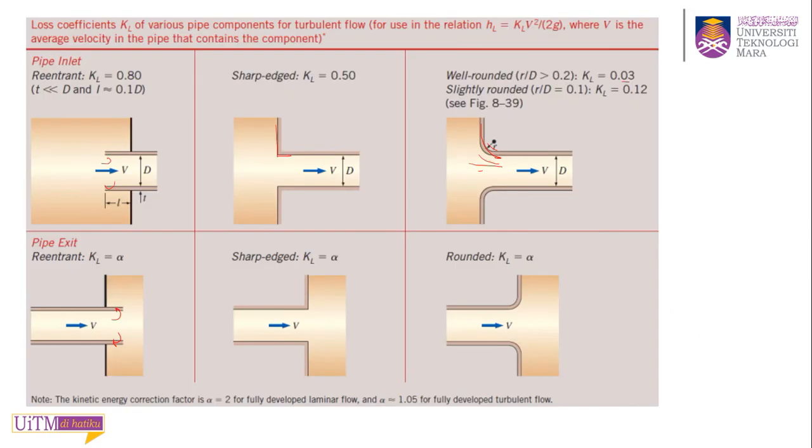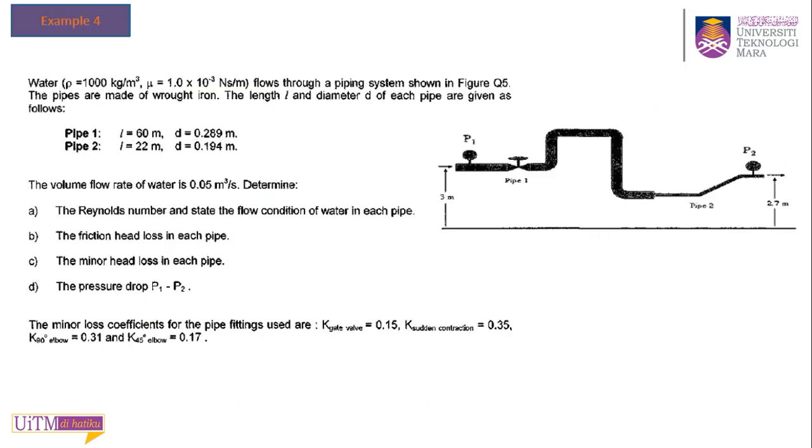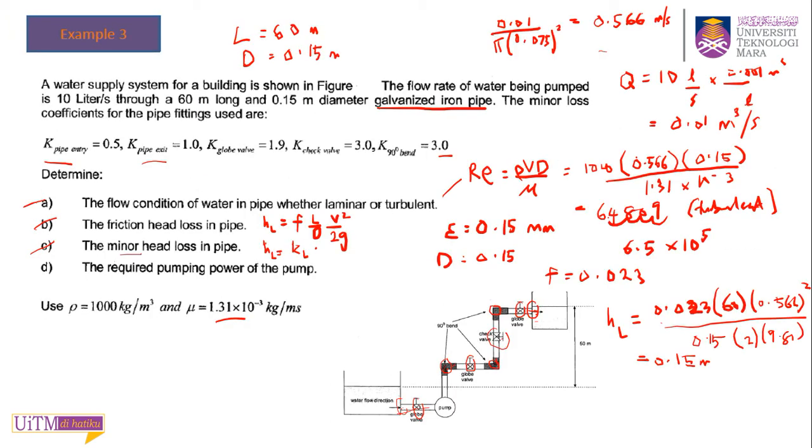Minor losses is KL times V squared over 2G. Okay, so that's your equation for minor losses. You need to add every loss that you have, because it's a summation of KL, V squared over 2G.